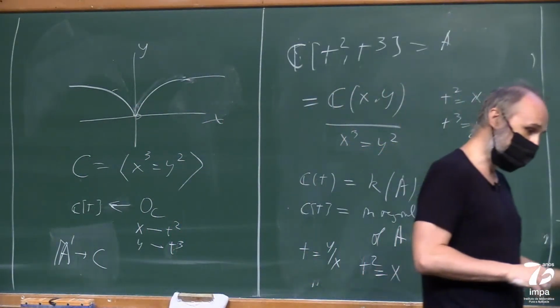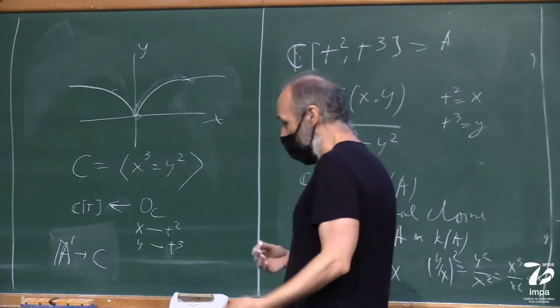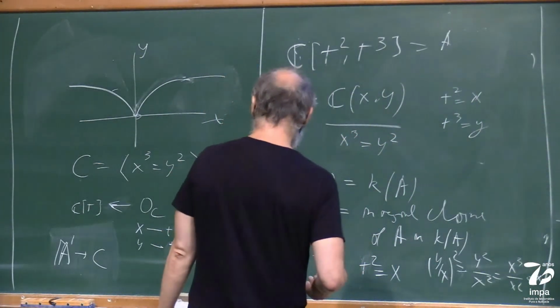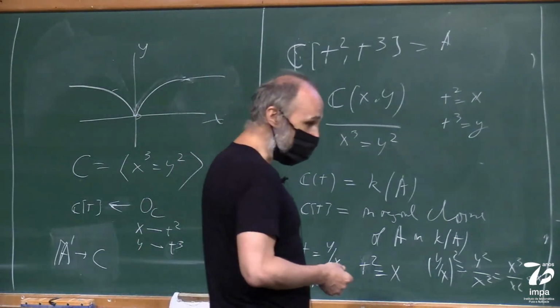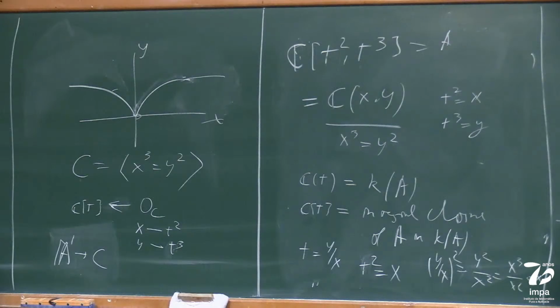Maybe we won't have time to prove it. It's not hard to prove. The hard part is to define smoothness in the language of algebraic geometry. But then it becomes almost immediate that normalization in dimension 1 is just resolution of singularities.